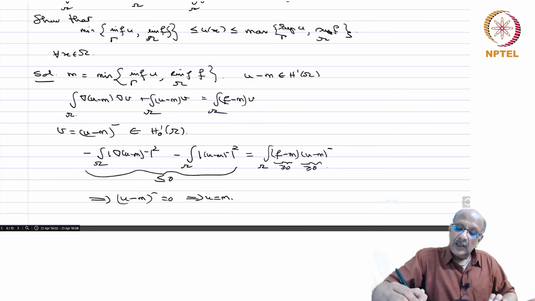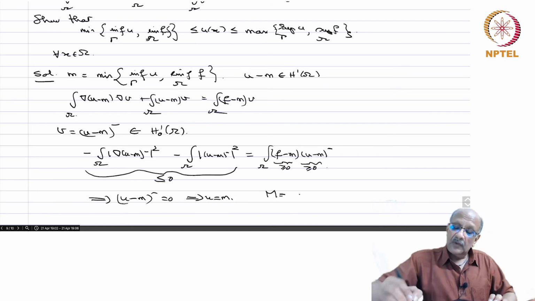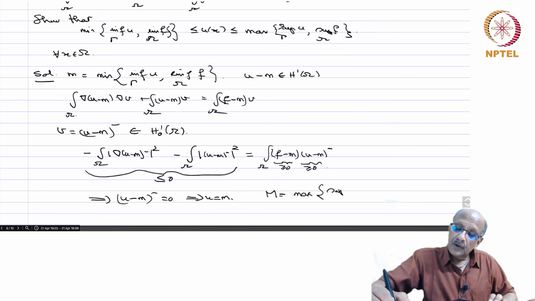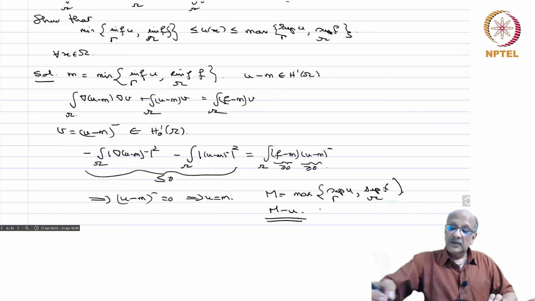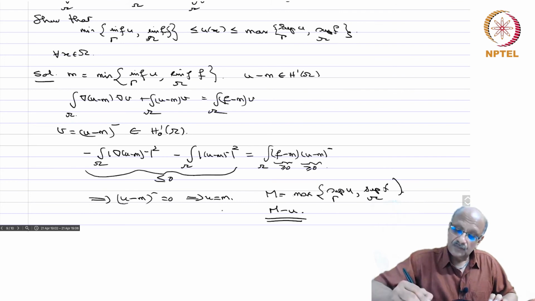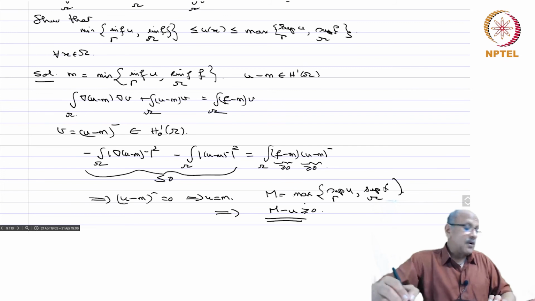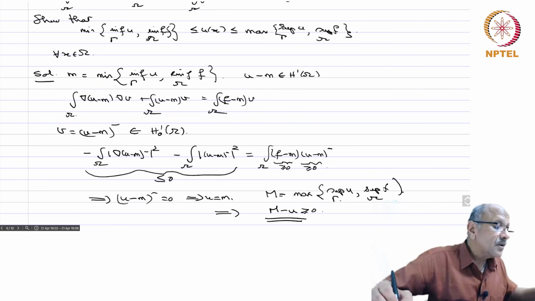So, similarly, you take capital M equals max of sup u over gamma and sup f over omega, and then you look at the function M minus u and show that that is greater or equal to 0 by the same argument, and you can do it.